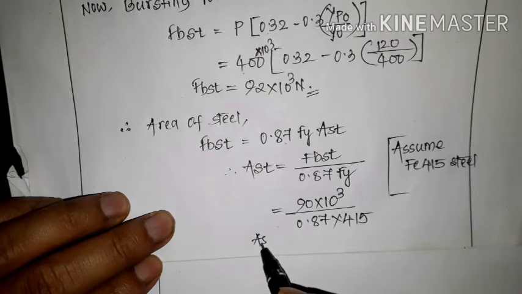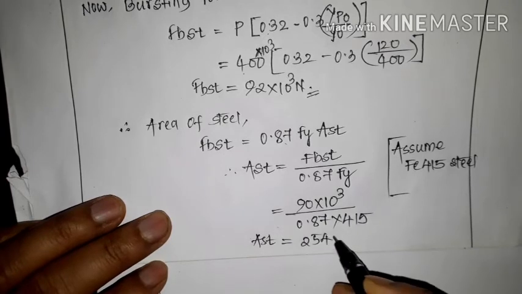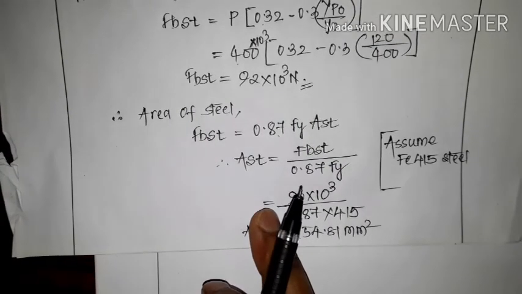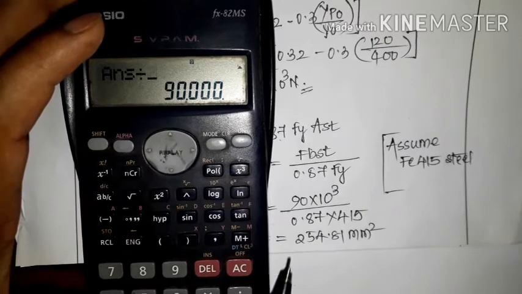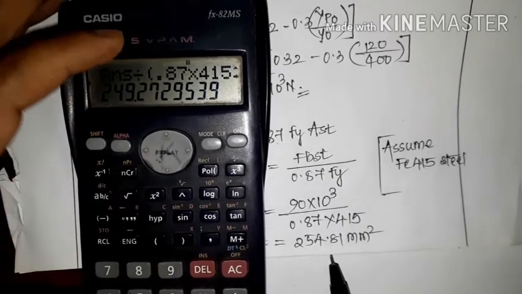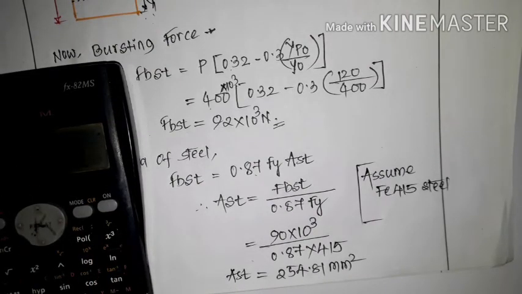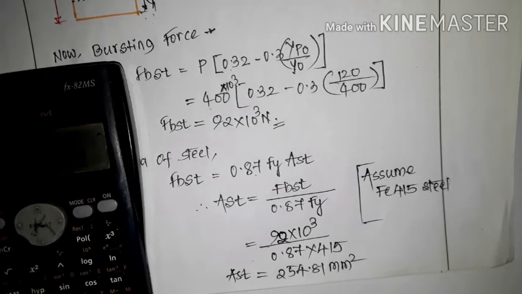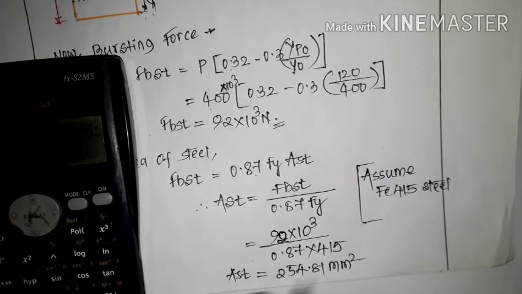So we get AST is equal to 254.81 mm square.